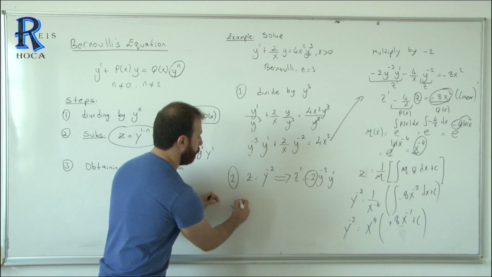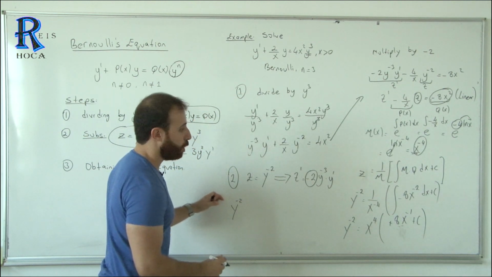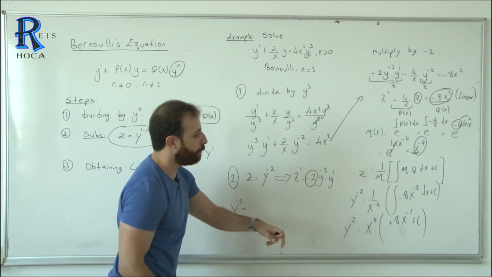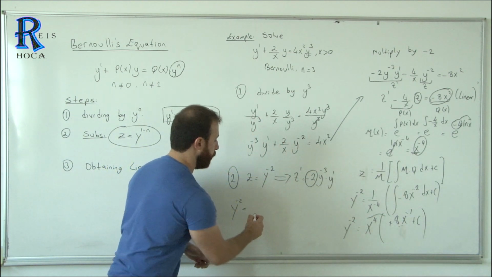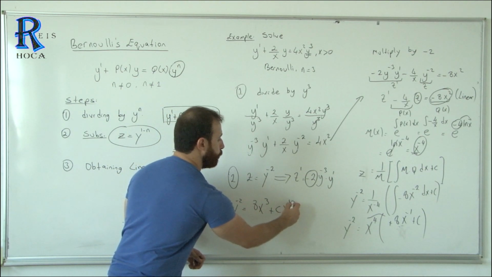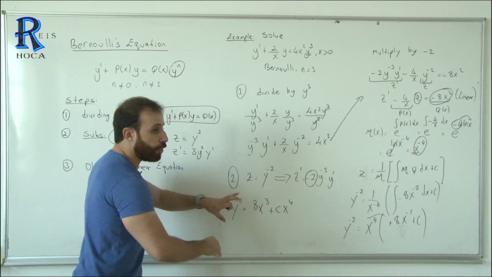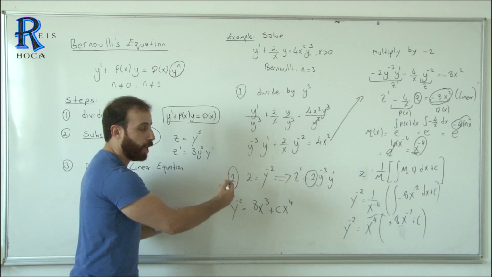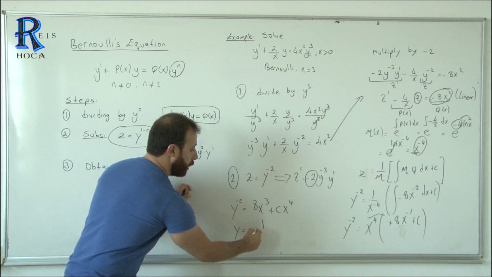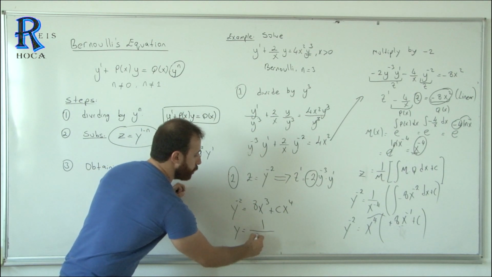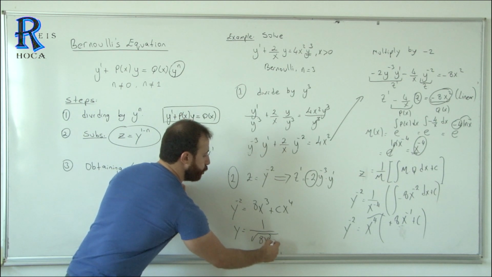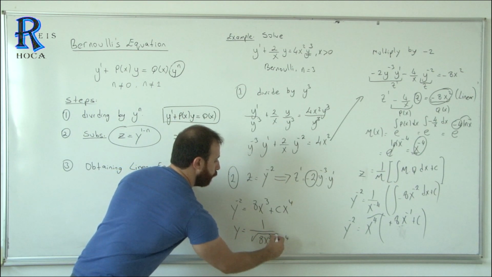Look, y to the power of minus 2 equals, if we multiply, 8 x cubed plus c x to the power of 4.